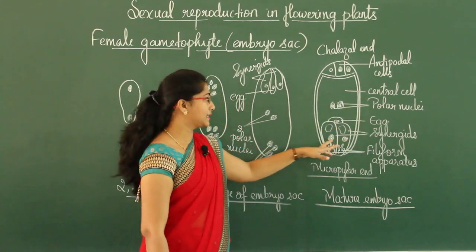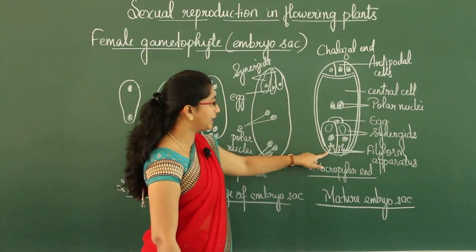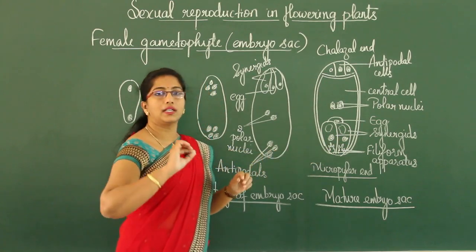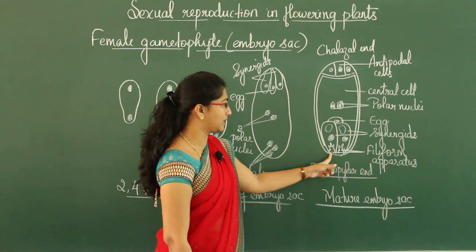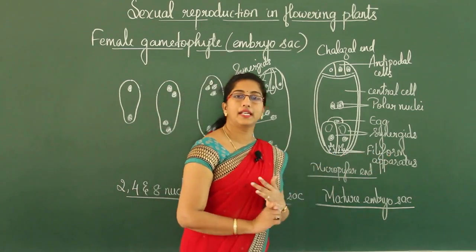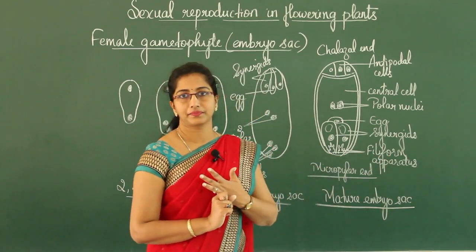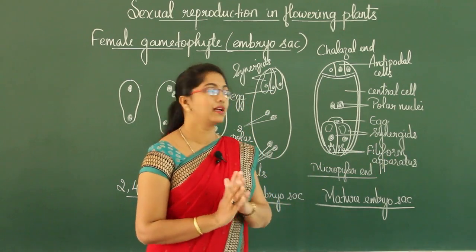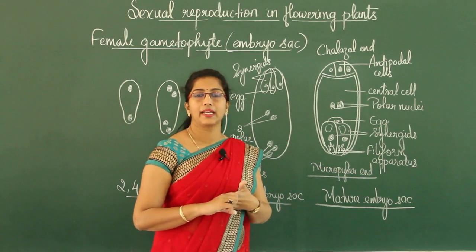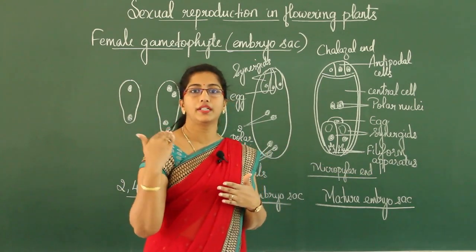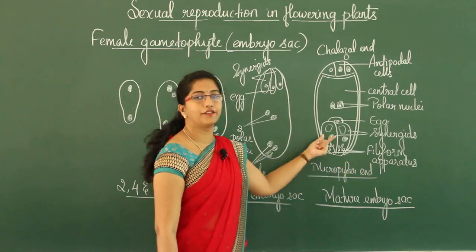Now these synergids have some cellular thickenings, like finger-like projections, which is called the filiform apparatus. What is the main function of this filiform apparatus? During fertilization, it helps the pollen tube to enter into the female gametophyte.